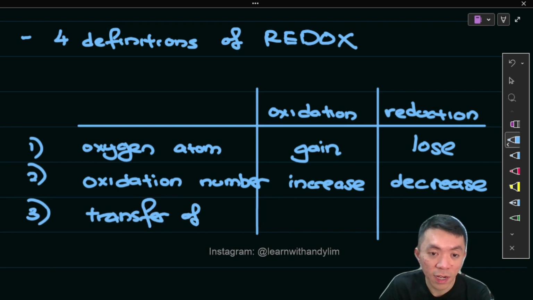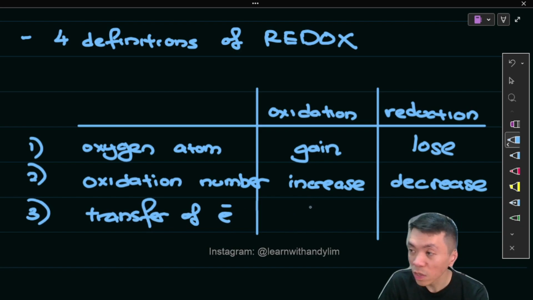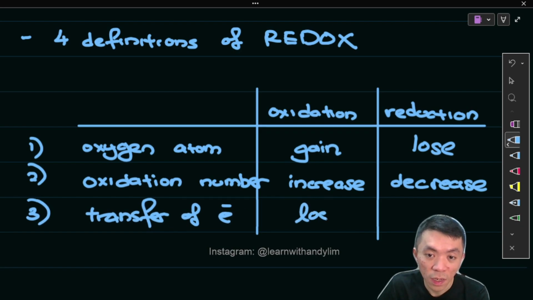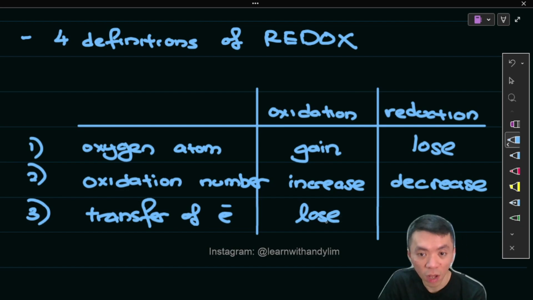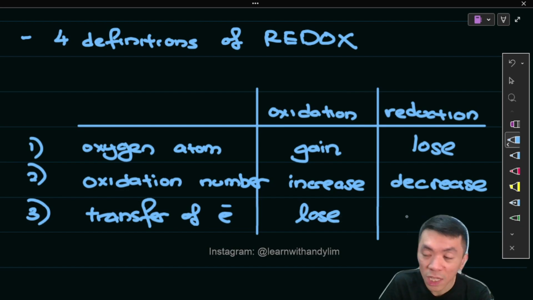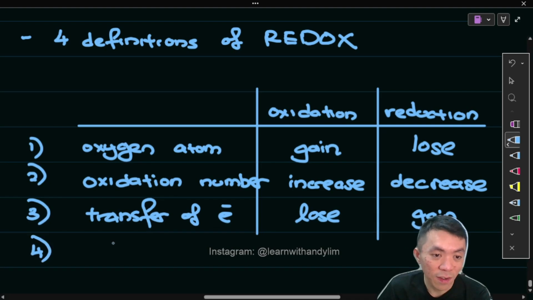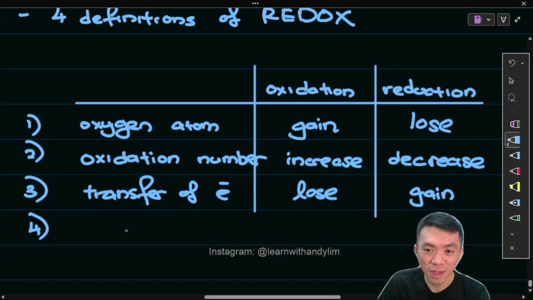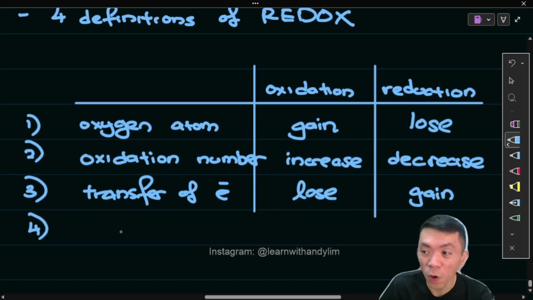Transfer of electron. Okay, I do short form here, but in the exam, you guys don't do short form. All right, so for oxidation, I will lose, or I'll donate electron. For reduction, I'm gonna gain, I'm gonna accept. Last but not least, this is the not so popular way.